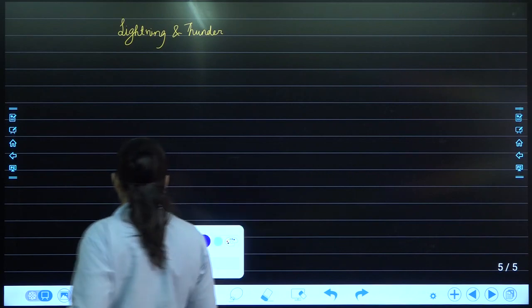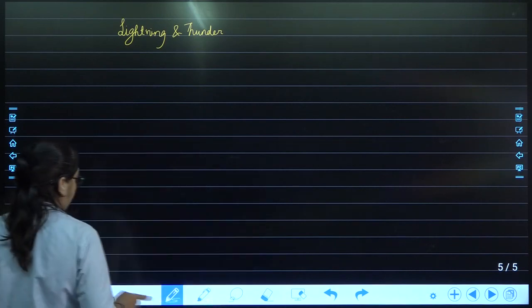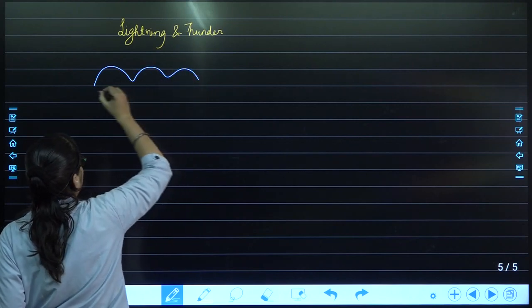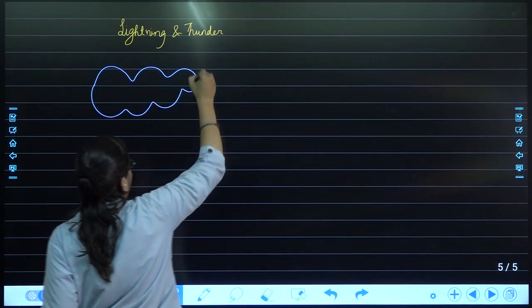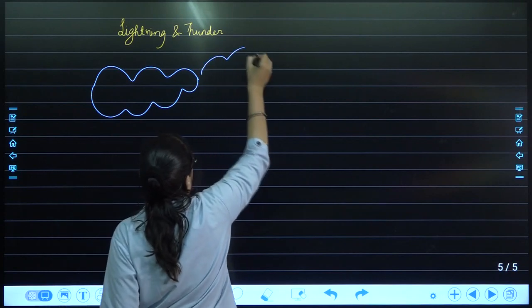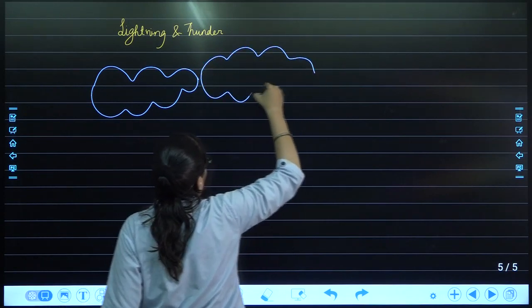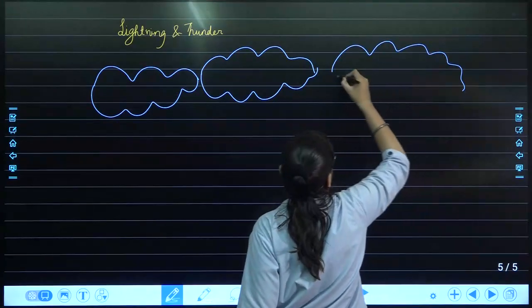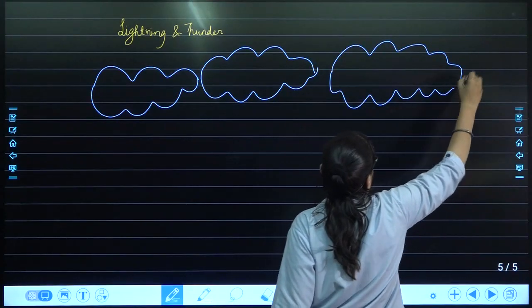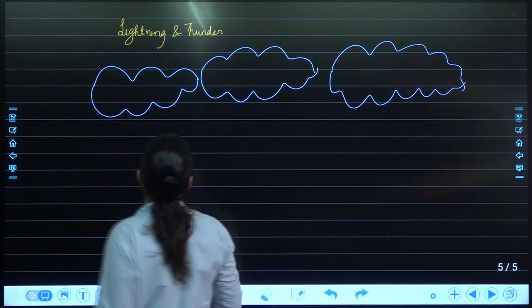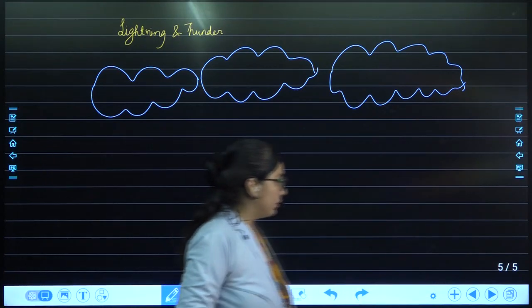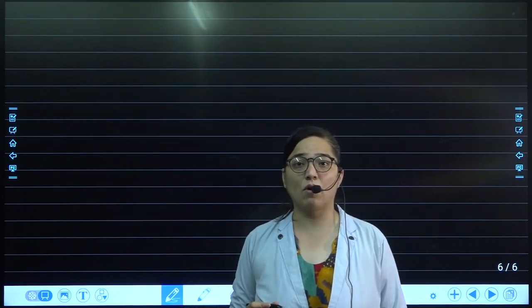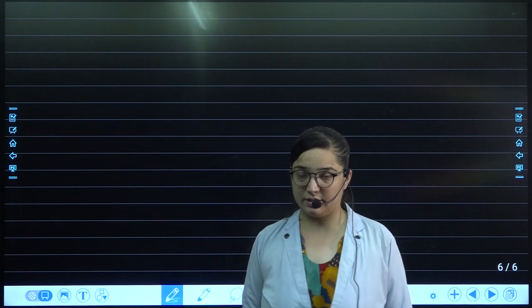So here are the clouds which are containing some water, and because of that water their mass is very high. So the huge masses of clouds are there.